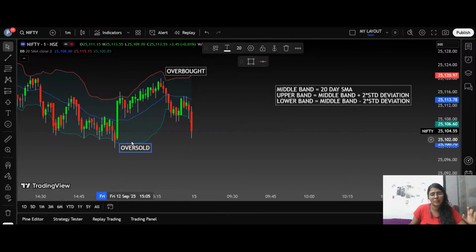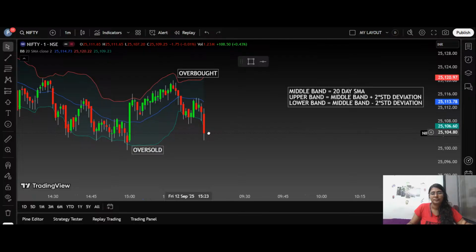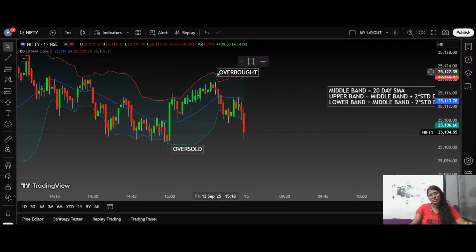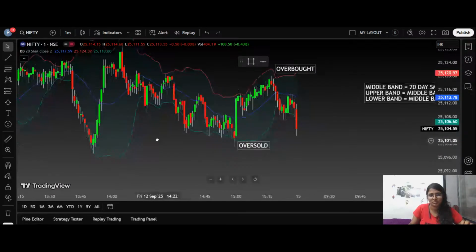Oversold means if the market touches this line, then it is sold so much that now buying pressure will be there. And overbought means it is bought so much that now the selling pressure would be there. So if the line touches this red line, which means the market is overbought. If the line touches this green line, which means the market is oversold.